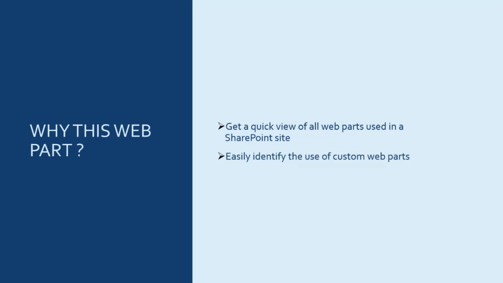Why did I build this web part and why could it be interesting for you to use it? Because you can get a quick view of all web parts used in a SharePoint site, and you can also easily identify the use of custom web parts.